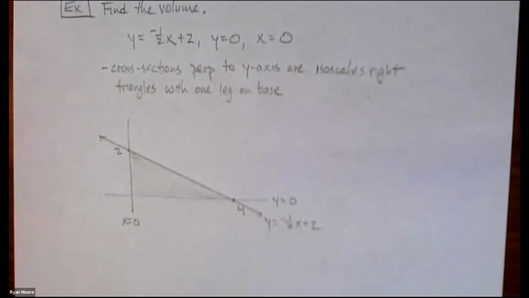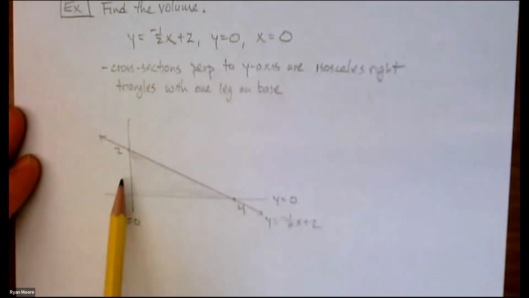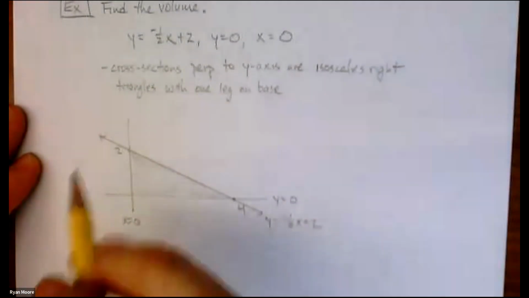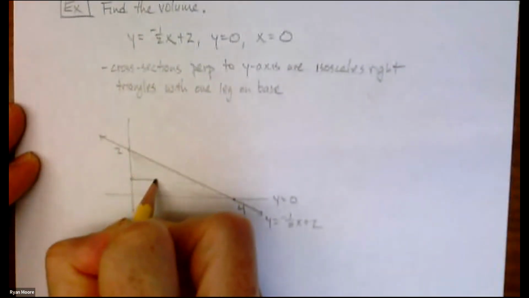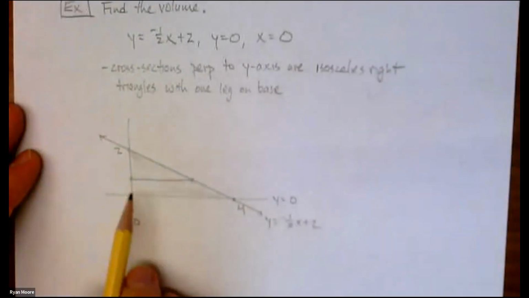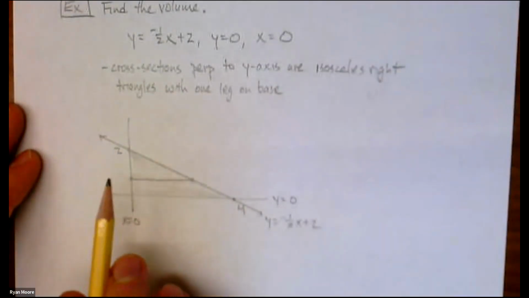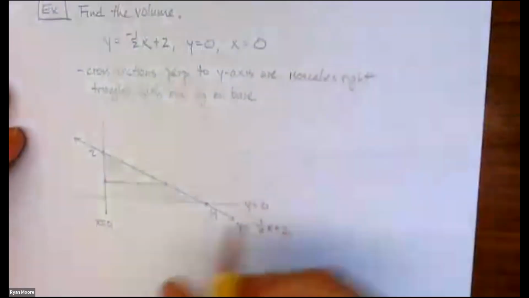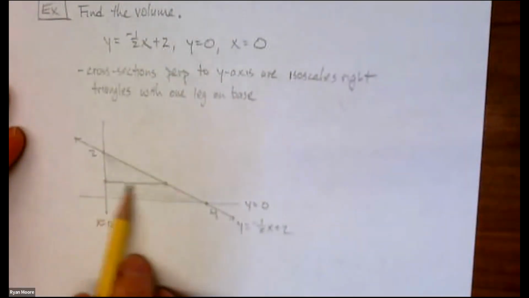Okay. But then it says cross sections, they run perpendicular to the y-axis. So they're going to come off this way. And that will form an isosceles right triangle coming up where this is one of the legs.